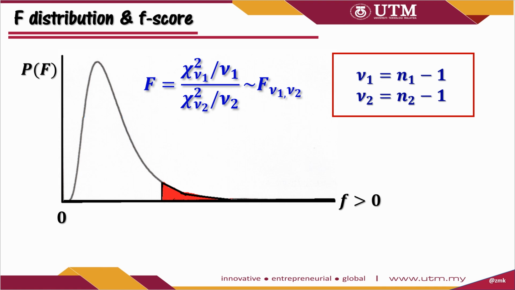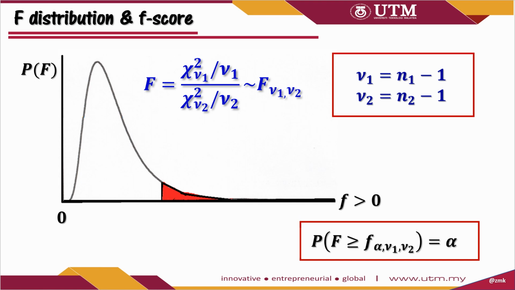Now, how can you find an F score from the statistical table booklet that we are using currently in the class? The table provides values of F in such a way that the probability of a random variable F being at least F alpha nu1 nu2 is alpha, given by the red shaded region, and F alpha nu1 nu2 is located here in this figure.